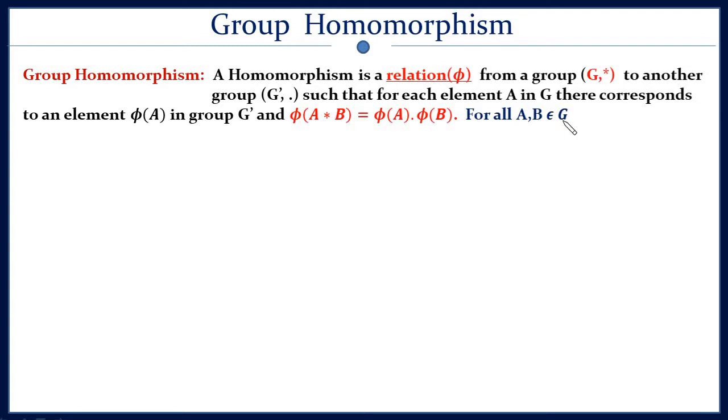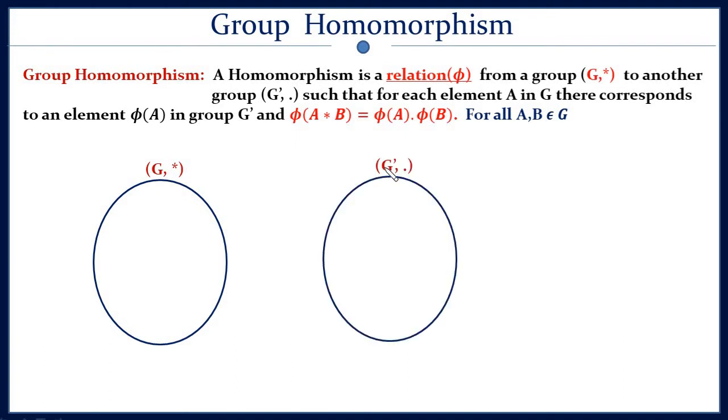Let's understand it. Suppose we have a group G, and this group is defined under a binary operation star. Okay, and we have another group G prime, and this group G prime is defined under another binary operation, let's call it dot. Then a homomorphism is a relation from G to G prime, and let's say that relation is phi. Now we need to understand this condition.